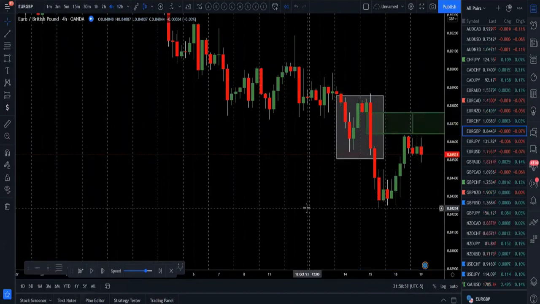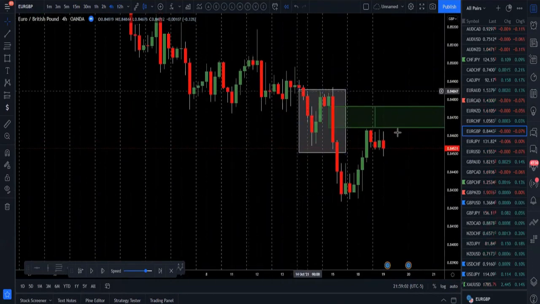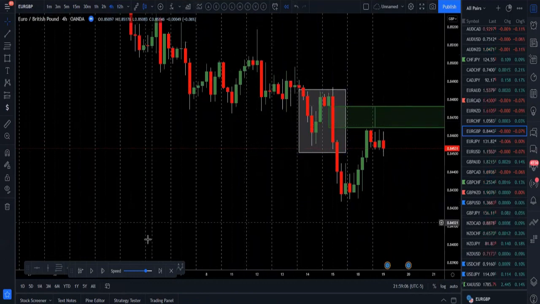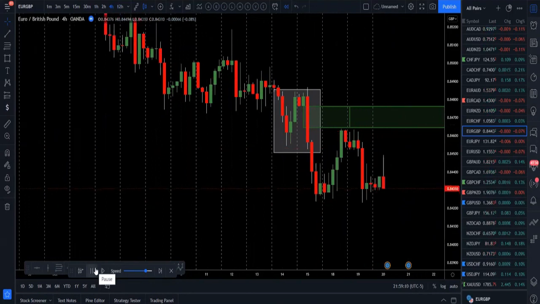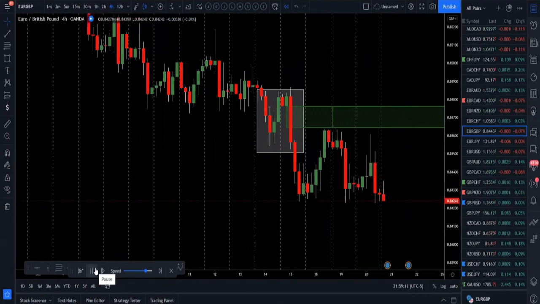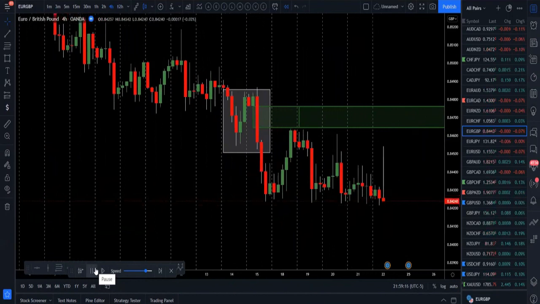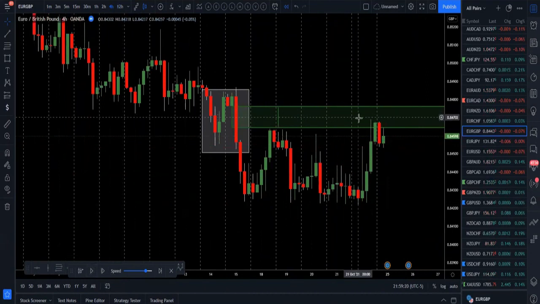So if we stretch that out and replay, you'll notice that price wants to balance this area out. So we'll play it a little bit. Price moves away from it, but eventually it'll come back to it. Like I said, the market makers, they'll take their time, but they're going to hit it. So there, you have a little bit of it hit right there.